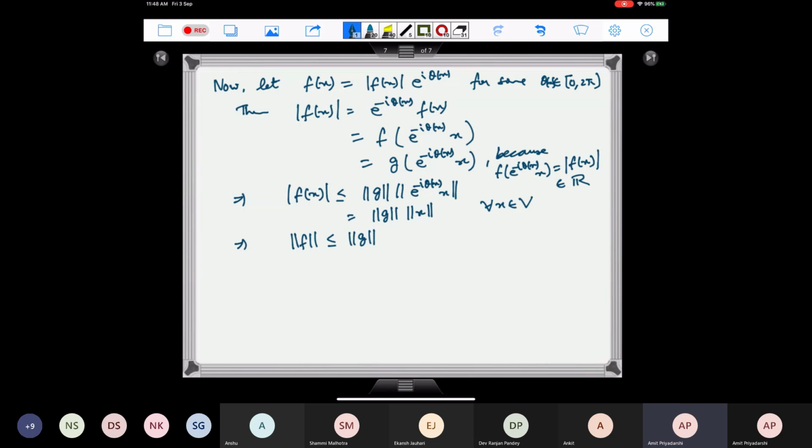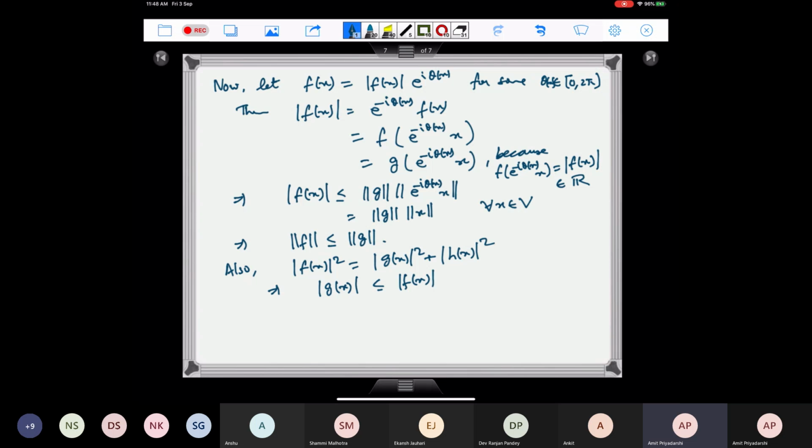So if we look at mod of f x square, this is equal to mod of g x square plus mod of h x square. This is because f x is the complex number g x plus iota h x. So this will imply that mod of g x is always less than or equal to mod of f x.